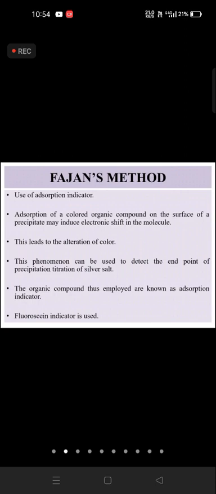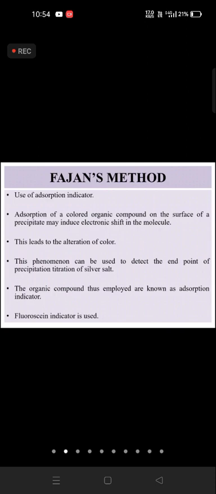Next you see, adsorption of a colored organic compound on the surface of a precipitate may induce an electronic shift in the molecule. Now what is this adsorption indicator? In case of Mohr's method of titration, when you add potassium chromate indicator, the chemical reaction occurs internally within the solution.